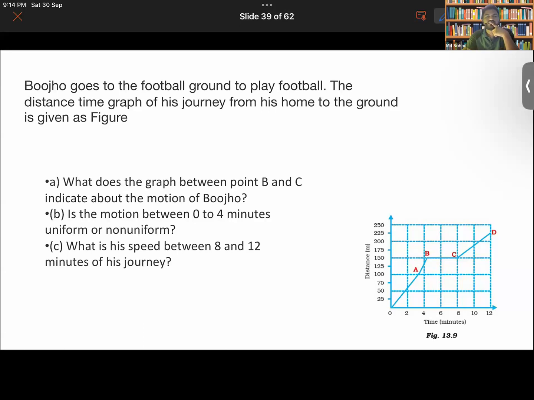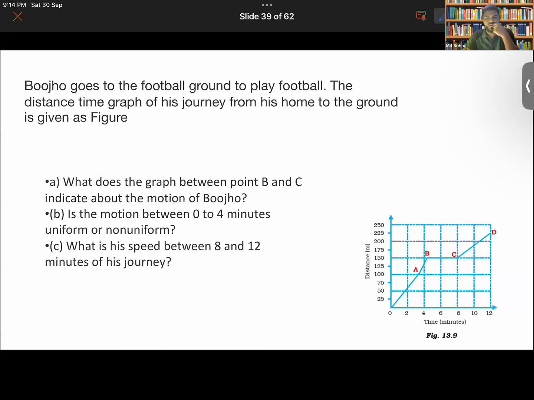What does the graph between point B and point C indicate about the motion of Bijo? Answer this one. Chakrika, you try first, then the second question will be to Santosh, and the third to Vaiga.